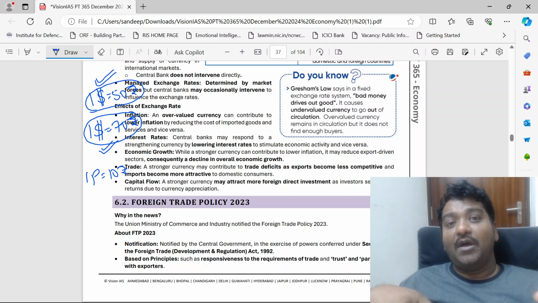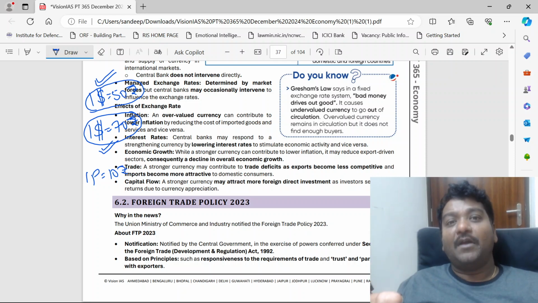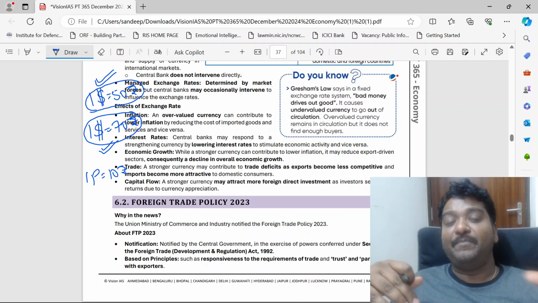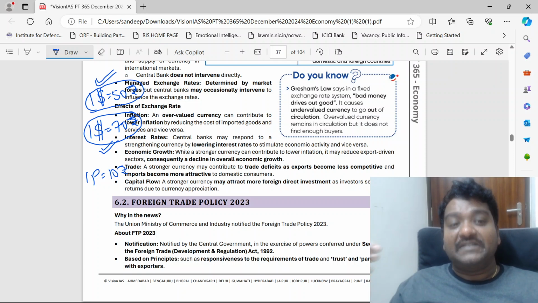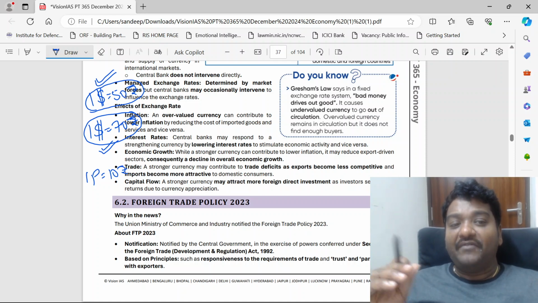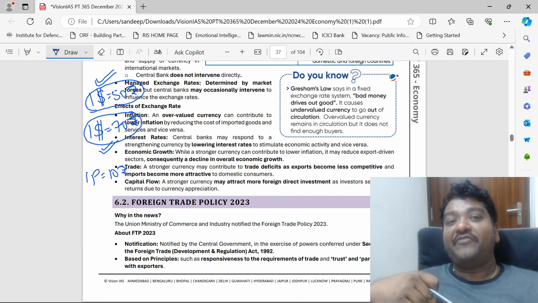So everywhere people will think Indian products are cheaper. Let us buy Indian products because for $1 we are getting 7 pens. So exports increase. But when the currency appreciates, you see $1 is equal to 50 rupees. When the currency appreciates, what is going to happen? You are getting only 5 pens.